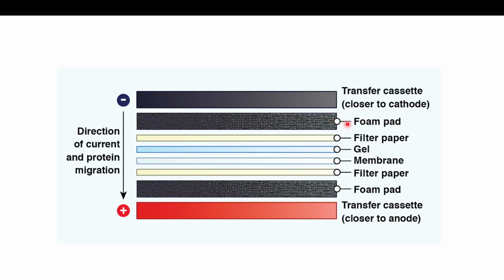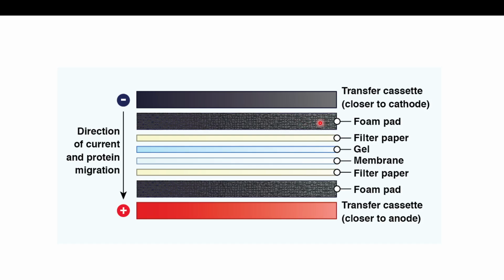In between, you apply some foam pad and filter paper. If you directly put it, the gel is very fragile, right? So it needs proper support. Also, the filter paper is fragile, so you can't directly add it because it won't be able to maintain that particular setting.